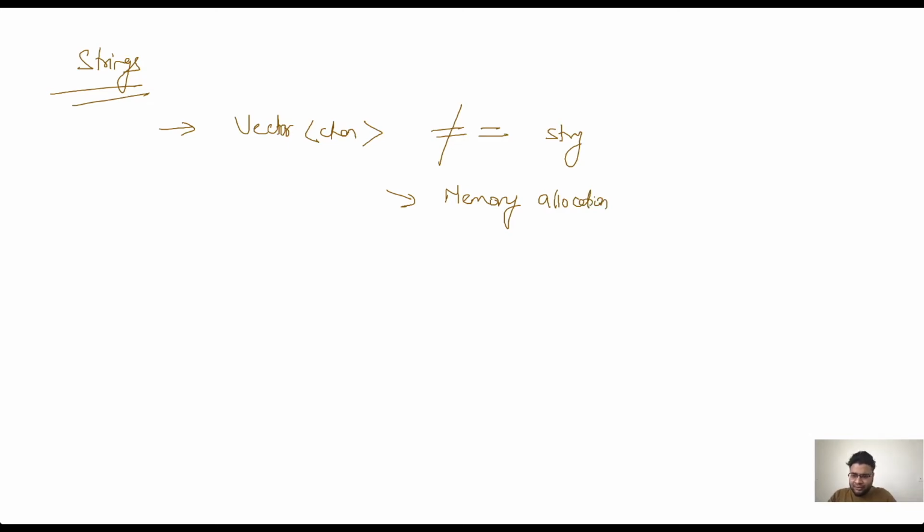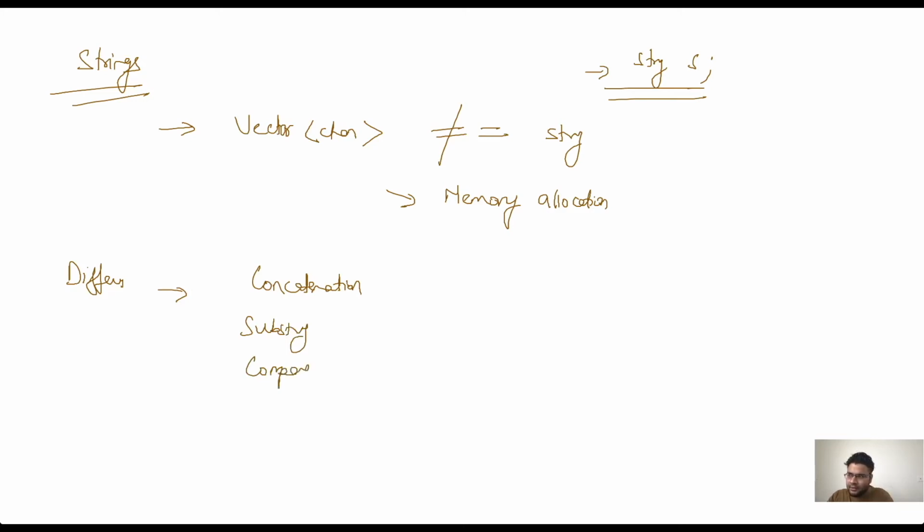There are few differences which we have with vector here, strings. Although if I want to define a string, we can define it like this, string s, that's it. We don't need to define anything. Few differences here is in strings we have a greater functionality with respect to character strings, one of which is concatenation, substring, compare, find, replace.